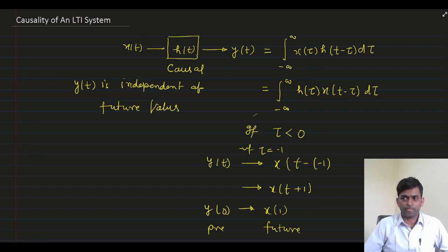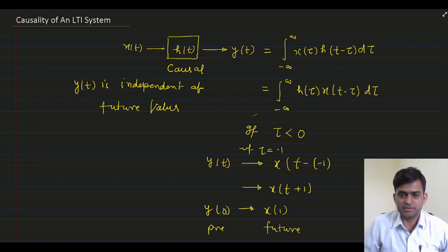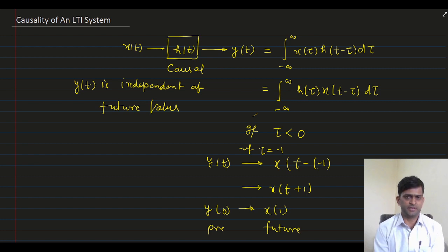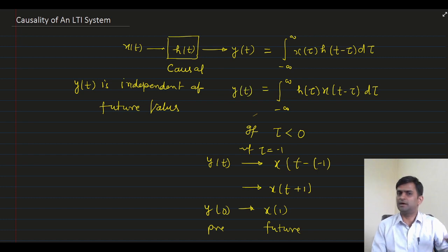So for tau less than 0, this term should not be present, or the output of the system should be 0. It is expected that if that is there in the system, then the system will be a causal system.